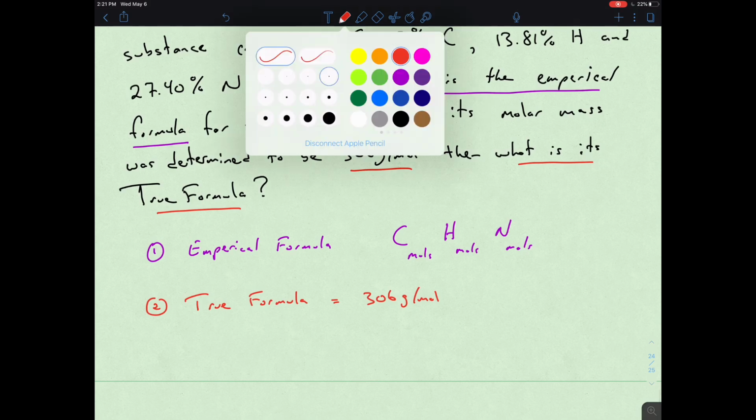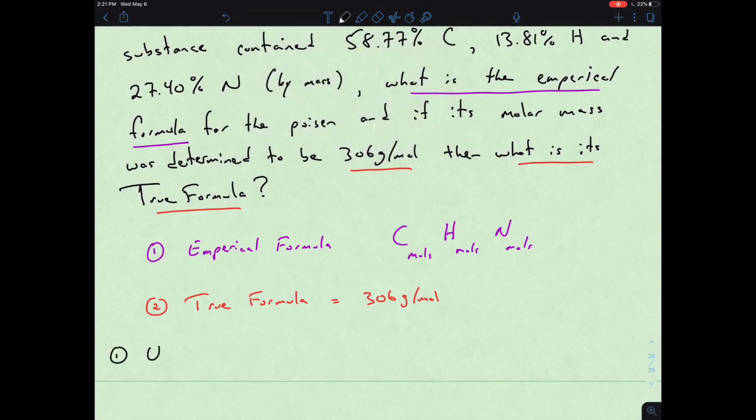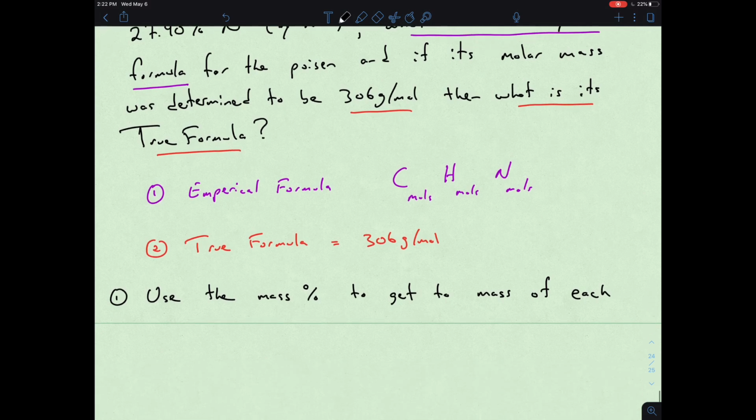So step one, basically we're going to use the mass percents to get to the mass of each element in the molecule. And then moles, right? And that's really what we want to get into. We want to get into that mole game to develop the empirical formula.